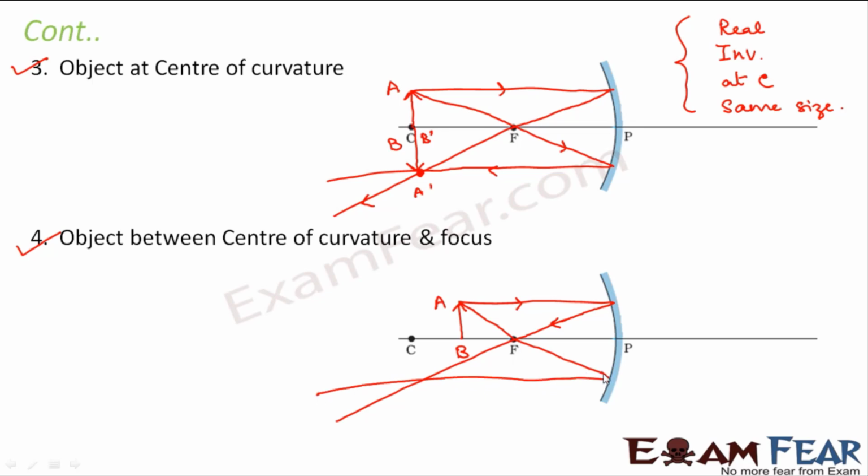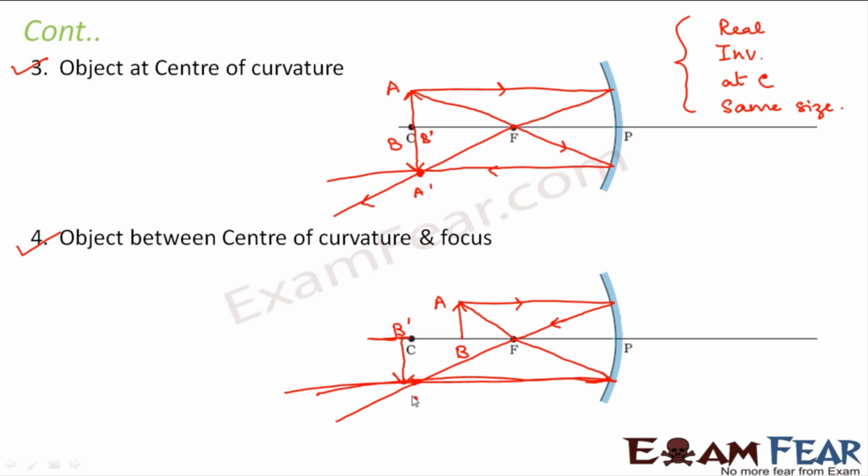Well, in this case, the diagram is not plotted properly because the two rays of light will meet at a point which will be beyond the center of curvature. Since I am plotting the lines without measuring scales, it is not meeting at the exact point. Otherwise, this point should be beyond the center of curvature.